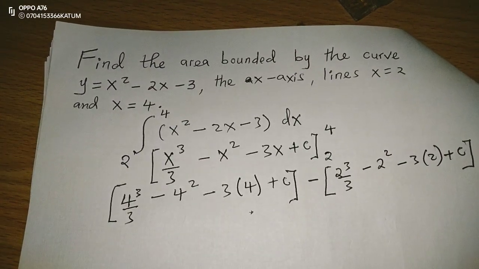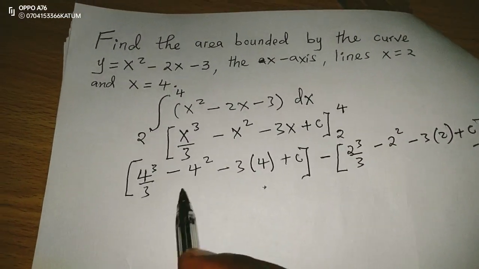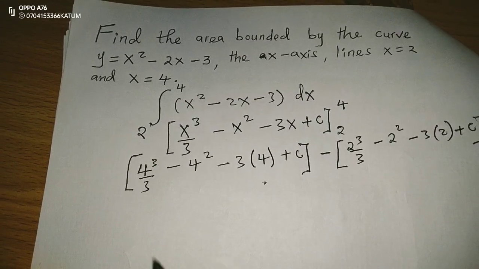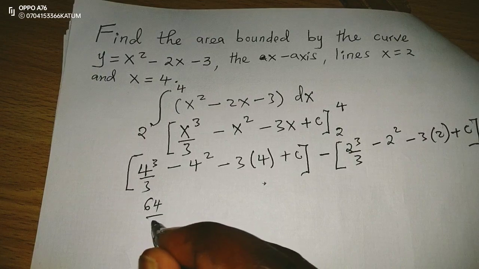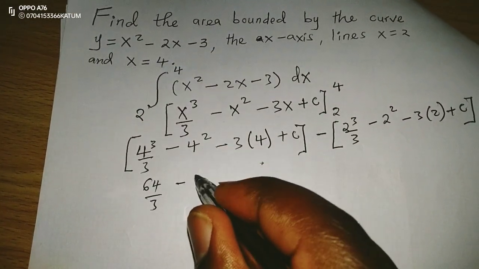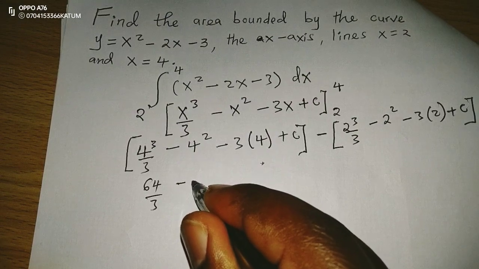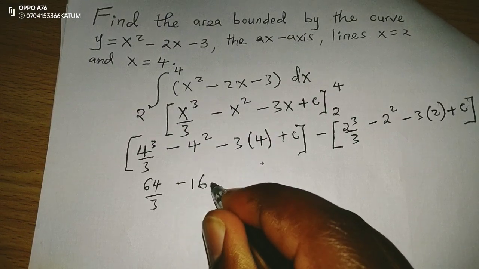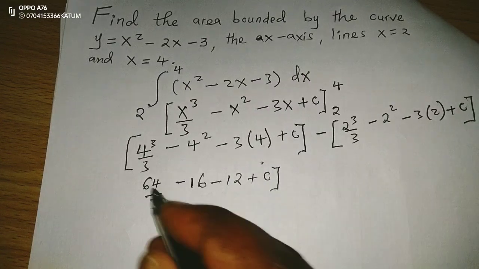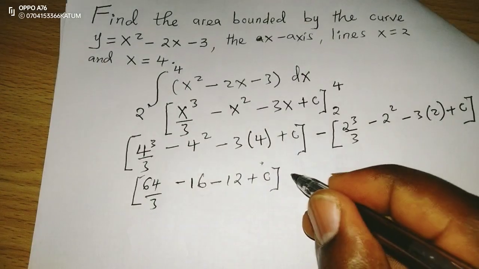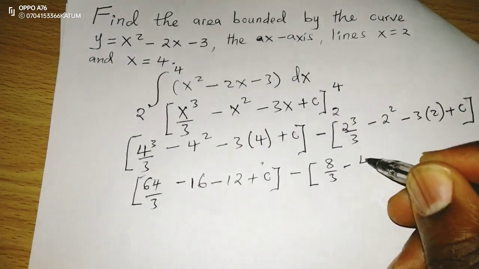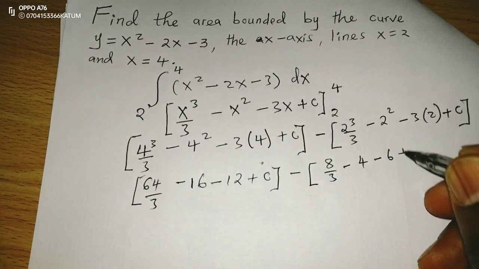So let us get these values. When we have 4 to the power 3, this gives us 64 over 3, minus 16, minus 12 plus c, then minus 8 over 3 minus 4 minus 6 plus c.